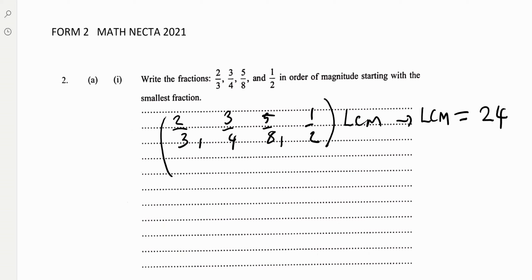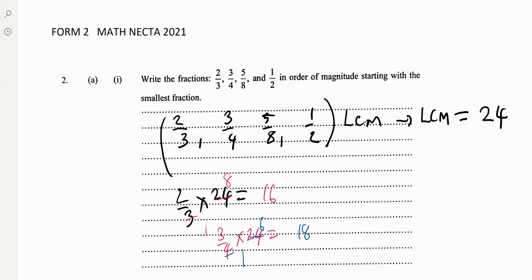So multiplying by 24, 2/3 times 24, you get 8, 16. You have 3/4 multiplied by 24. You can simplify by 4 here, 6. So you have 18.